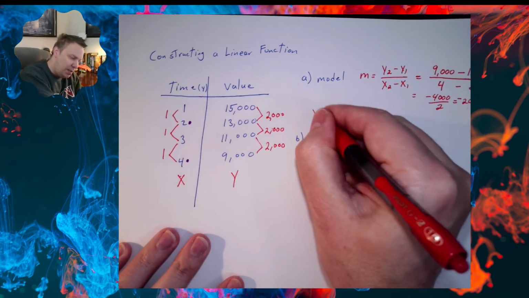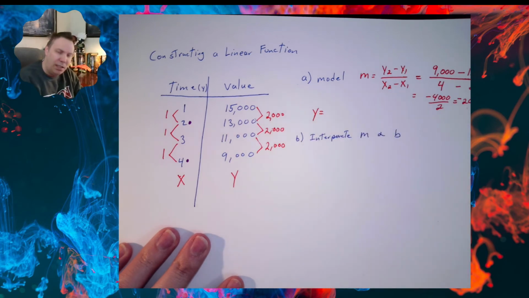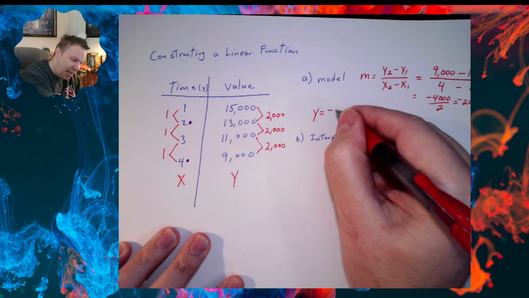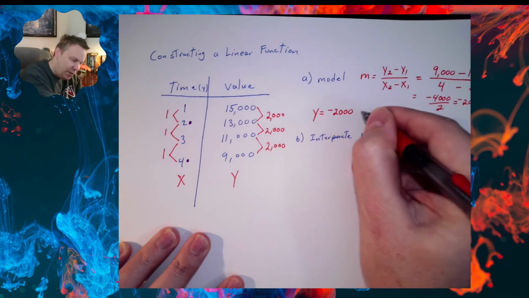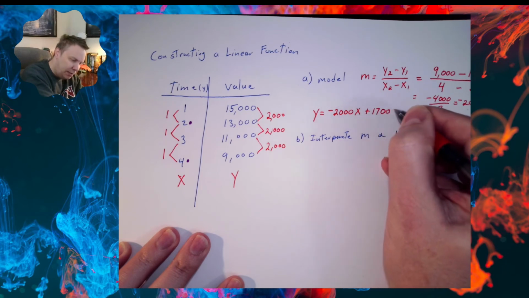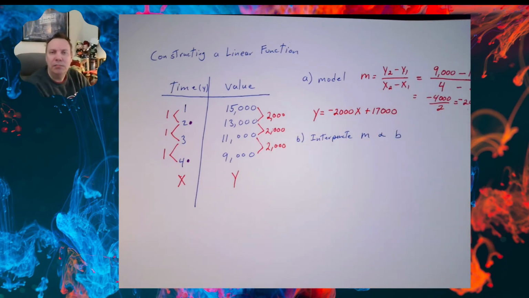So my model for this particular problem, and like I said, there are different ways to do this, is going to be equal to mx, that's negative 2,000x, plus b, 17,000.